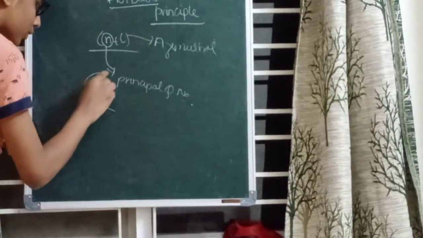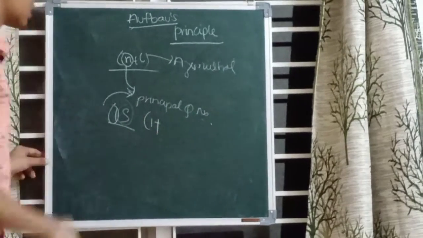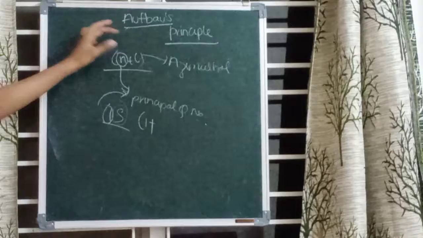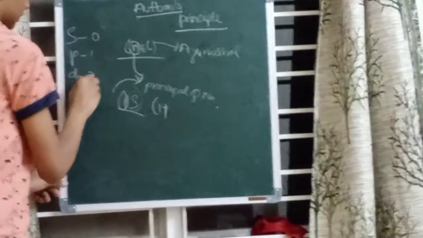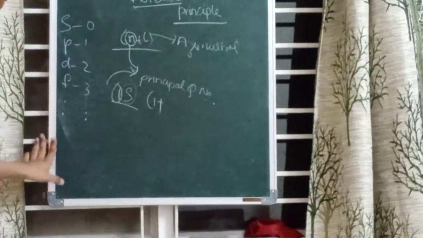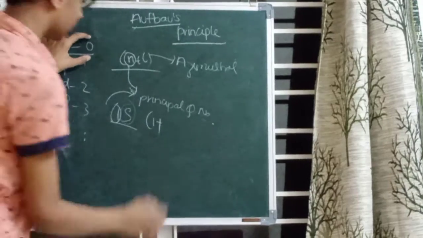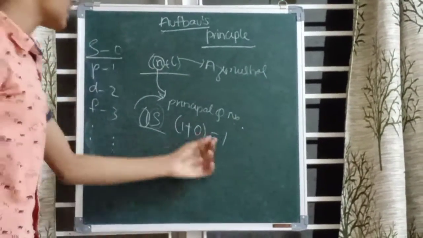This is the principal quantum number value, so we have 1 plus what is the L value? While discussing the azimuthal quantum number, I gave the L values of the subshells: s is 0, p is 1, d is 2, f is 3, and so on, in increasing order. From this data, s equals 0. So the n plus L value of 1s is 1.